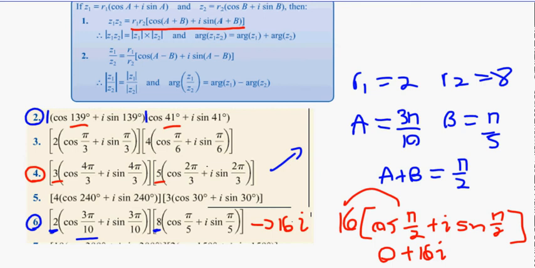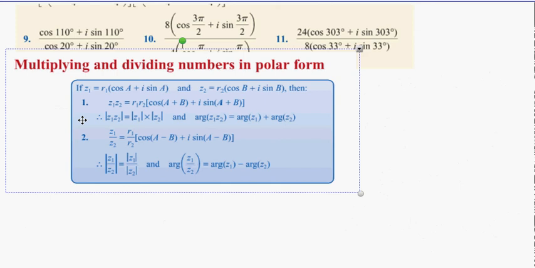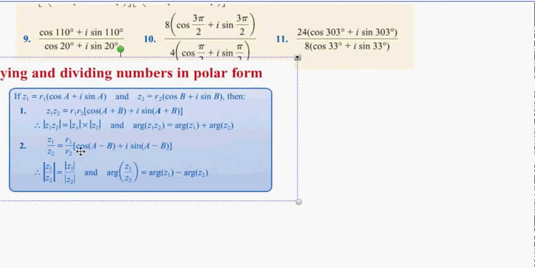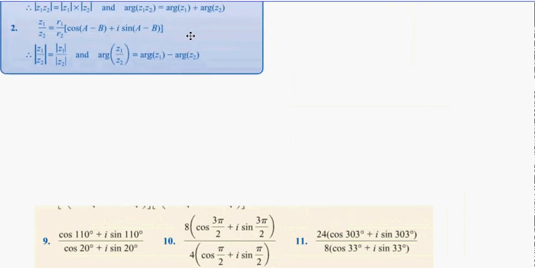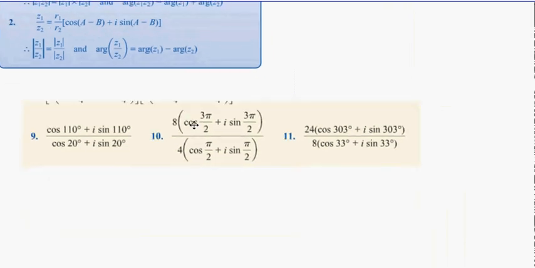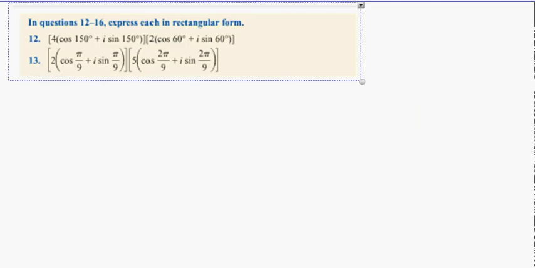Okay. So what we're going to have next is moving on towards question 9. What we're looking at doing here is the fraction part. Once again we're going to look at questions like question 10 and 11.